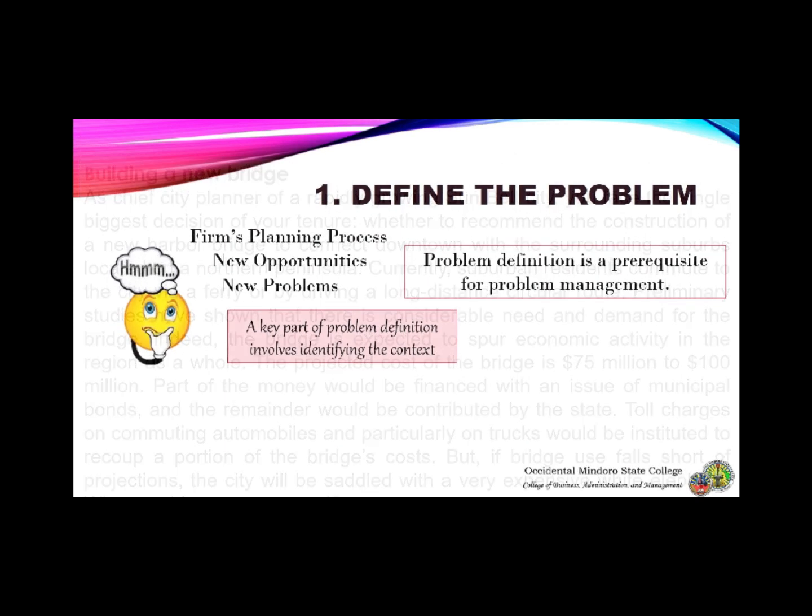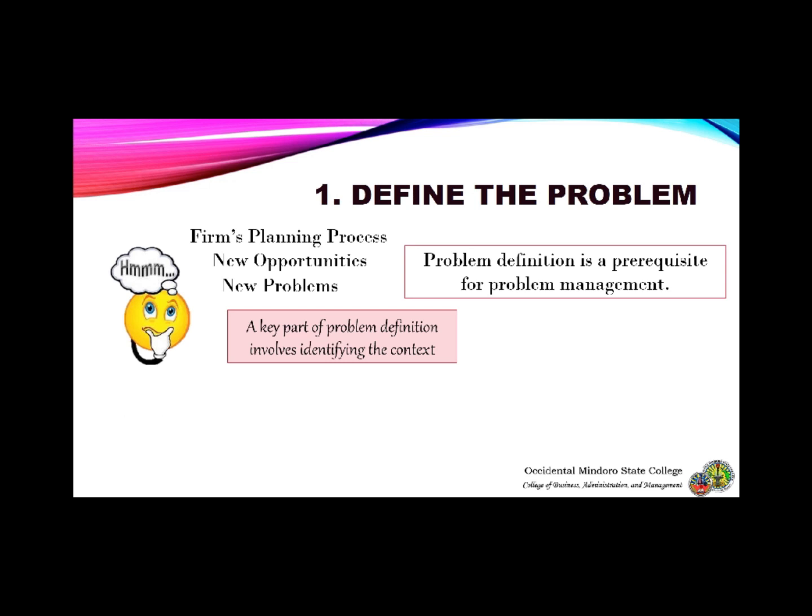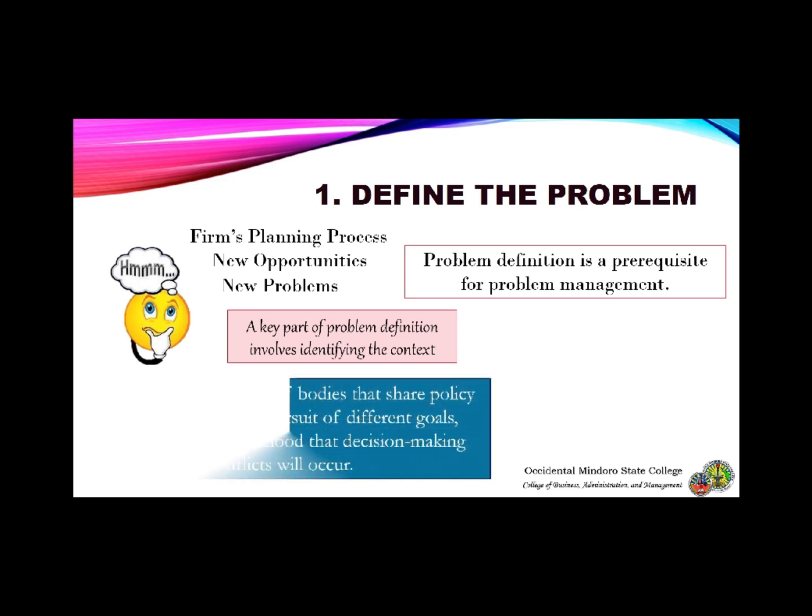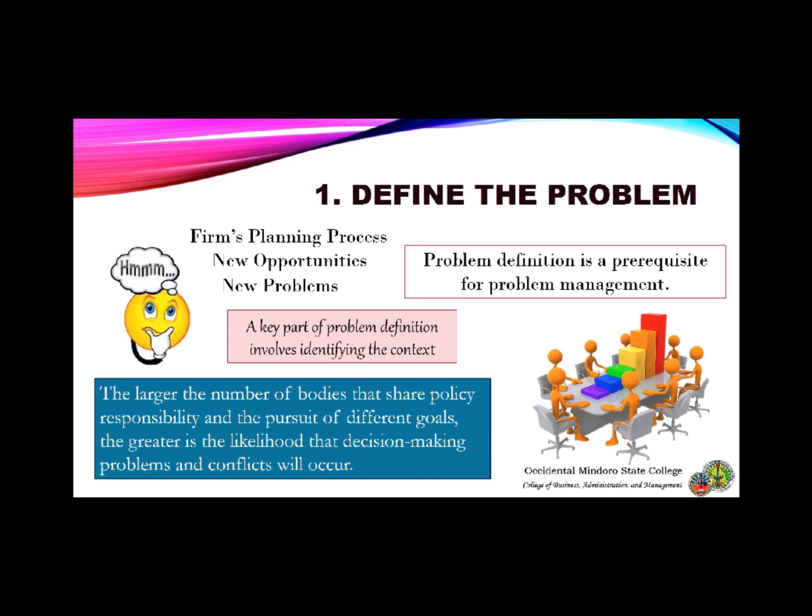It involves a surprising number of public sector authorities, including the Department of Energy, the Environmental Protection Agency, state and local agencies, the Department of the Interior, and possibly the Nuclear Regulatory Commission. As one might imagine, the larger the number of bodies that share policy responsibility and the pursuit of different goals, the greater is the likelihood that decision-making problems and conflicts will occur.